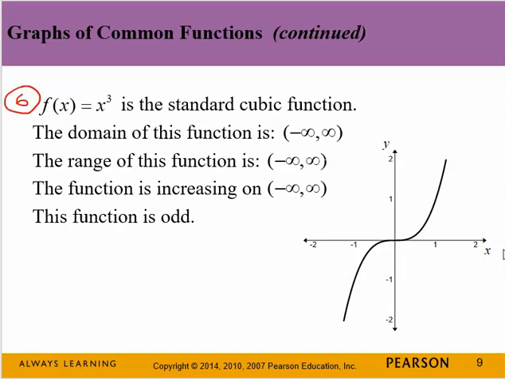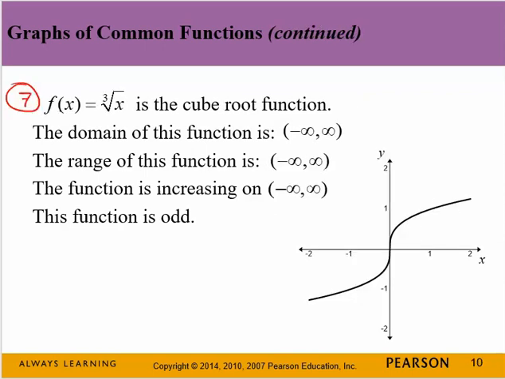The range, the same, coming from negative infinity to positive infinity. And the function is always increasing. Now you might think it's leveling out here, but there's an infinite number of points here, and they're all so slightly different, so that it is increasing, and the function is odd.